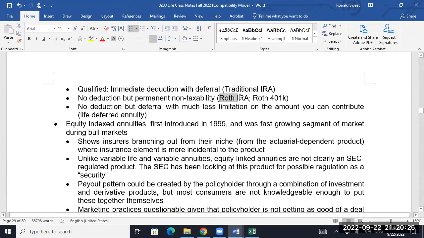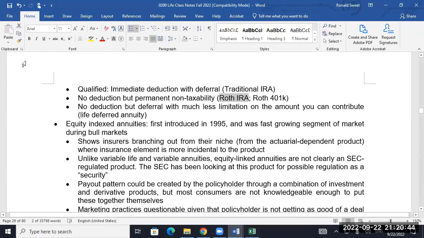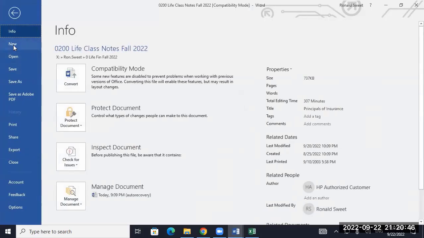You all know what a Roth IRA is, don't you? With a Roth IRA, what tax deduction do you get today if you start one? None at all. So what's the advantage? Tax-free for the rest of your life. This is important.